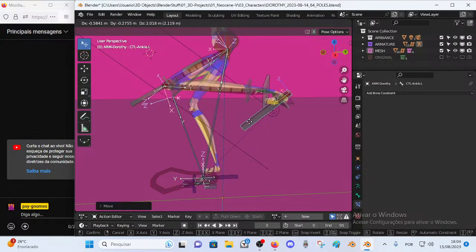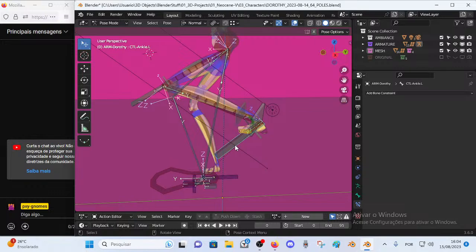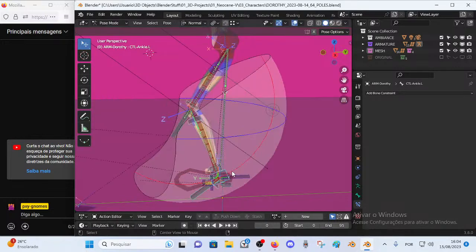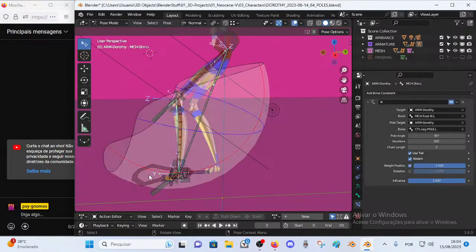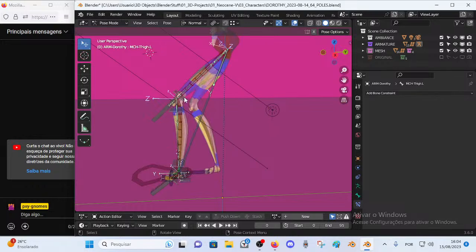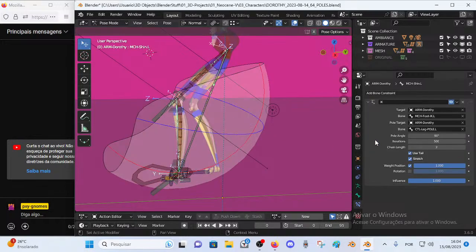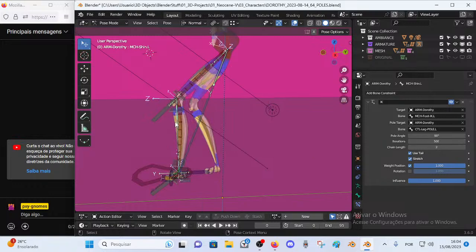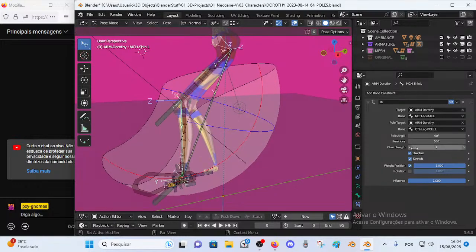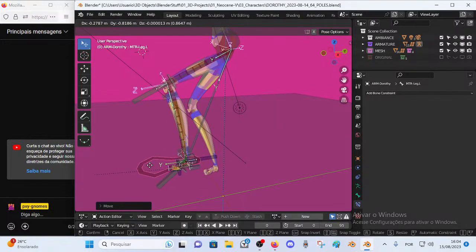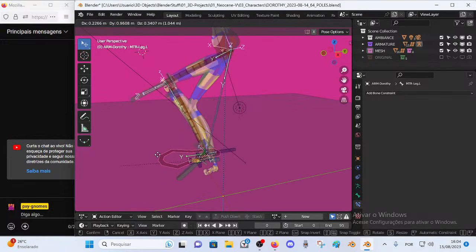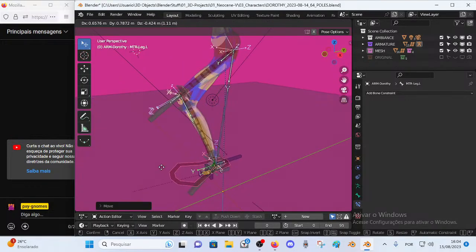So you see I can make joint pinning, knee pinning, and then I have the conventional IK bone constraint on that mechanism chain here, and on the mechanism shin bone there's a chain length of 2, and this is the pole target, the IK target, or actually this is the master controller for the whole leg.